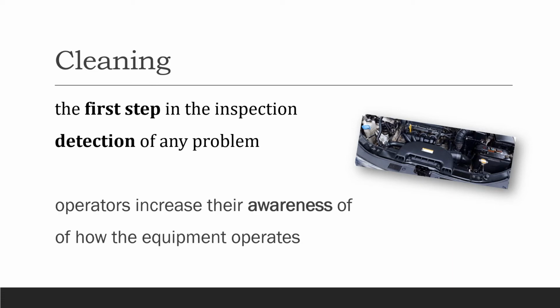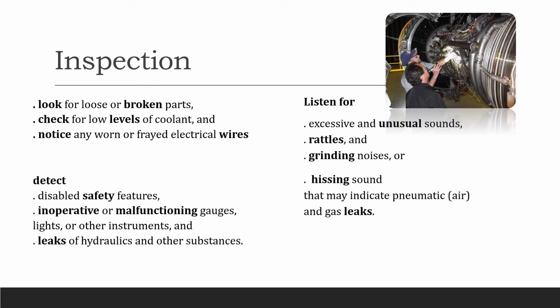Take a good look at your system. Second, you inspect. Go carefully looking at the system for broken or loose parts. Check for low levels of coolant. That's not for the car, that's for any manufacturing system, component and equipment. Note any worn or frayed electrical wires.